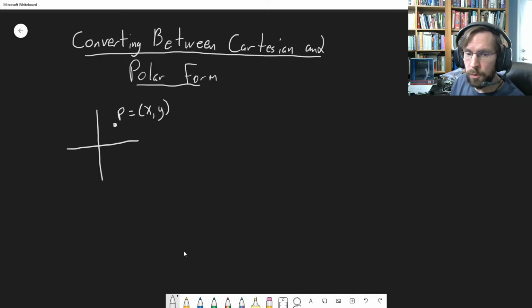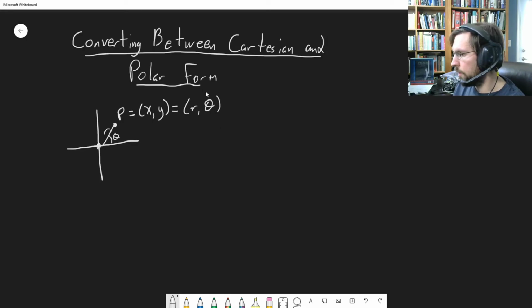Okay, so if we're drawing this, we usually think about the origin being our pole and the positive x-axis being our polar axis. So if we can find this here, that r, that distance from the origin, and that angle theta, then we can write this in polar form. So we can write this as r, theta.